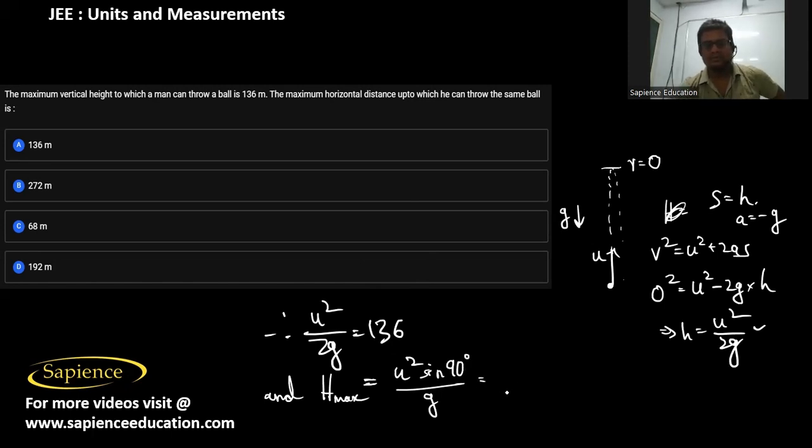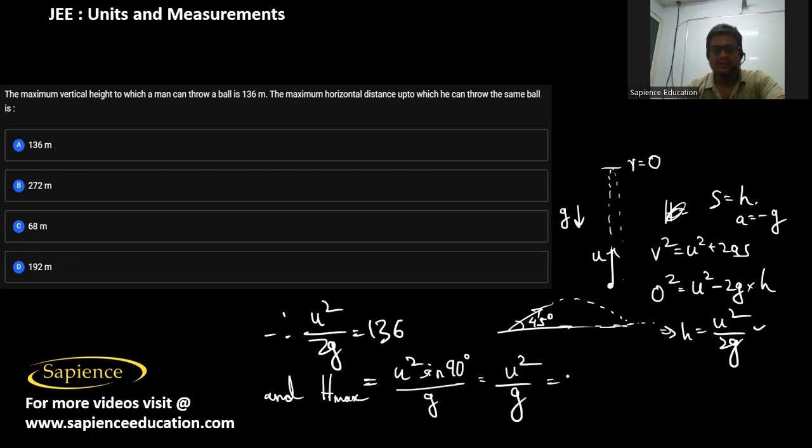If he throws the same ball at an angle of 45° with the horizontal, then only he can cover the maximum horizontal distance, which will be equal to u square by g. So u square by g will be equal to 136 into 2 meters, which is 272 meter. So option B is the correct answer.